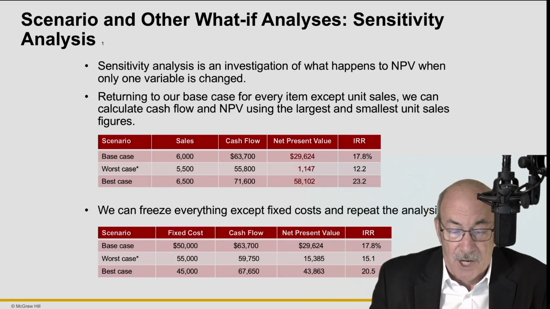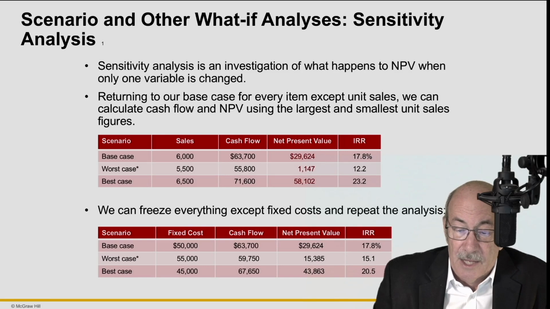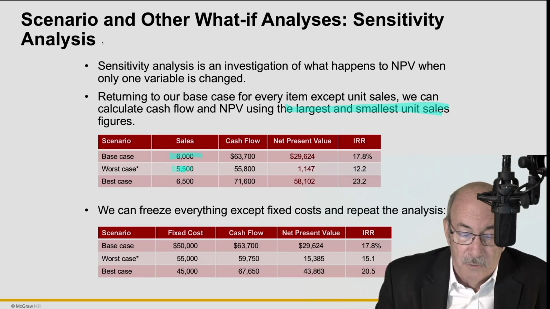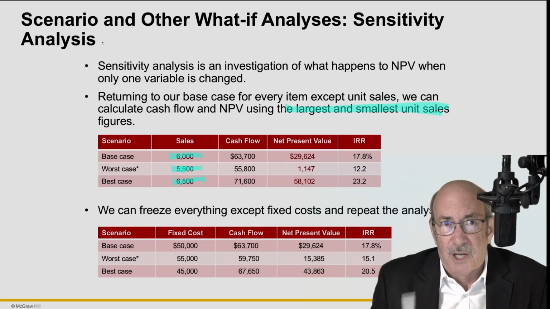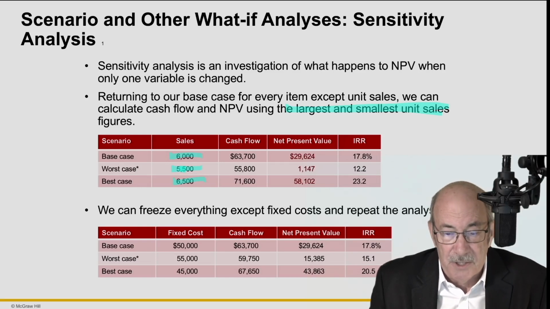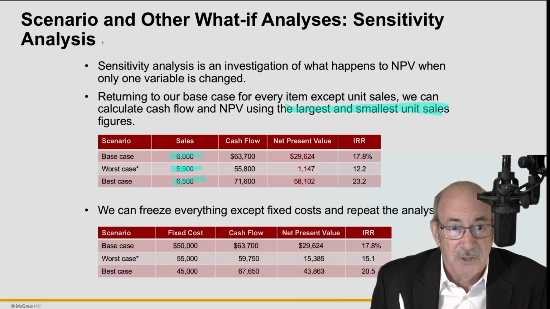In this first case, we're just going to look at changing the number of units sold. So we're going to look at the base case, the worst case, and the best case, and everything else stays the same. The prices, the variable costs, and the fixed costs stay at the base case.